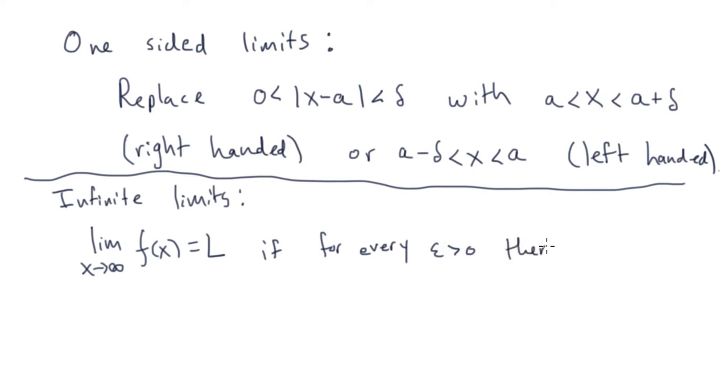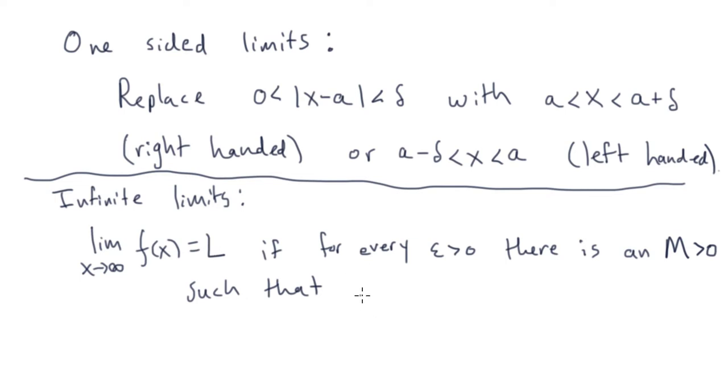But this time I want a capital M bigger than 0, such that, well, x is going off to infinity. So I want to find an M so that basically all x's after that M, my function values are very close to L. And that's that leveling off process that we saw with infinite limits.